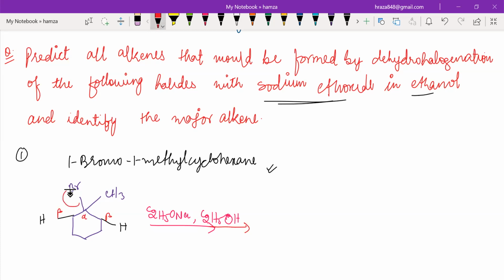Now see what happens. This Br will leave, so this hydrogen will come off and the bond will form here. So what we will have is a double bond here and one methyl, CH3, on the cyclohexene. And now see, if it moves the other way, the double bond will form on the other side, with CH3 on the cyclohexene. And you can see both are the same. Both are the same, yes or no?